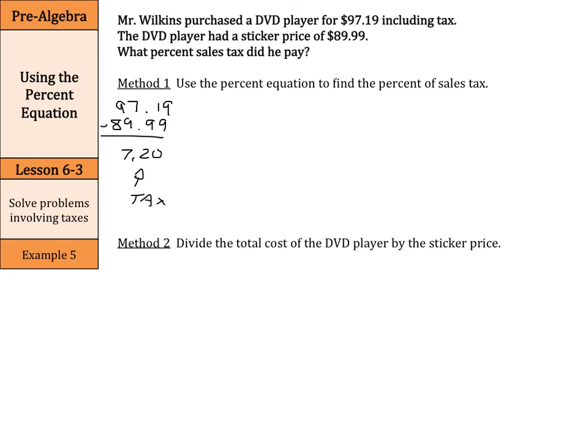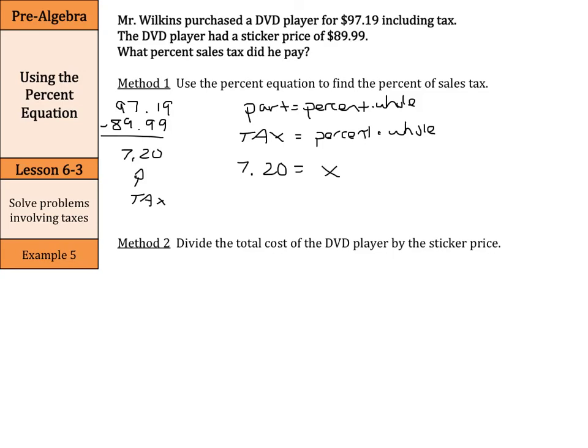Now we can use the percent equation to find the percent of sales tax. Remember, our percent equation is part equals percent times the whole, so our tax equals percent times the whole. We already know our tax amount is $7.20. We're looking for our percent times our whole, in this case, $89.99.